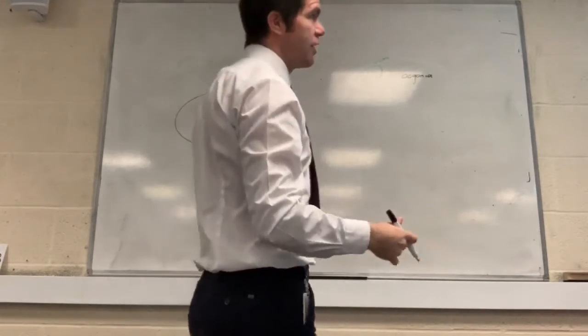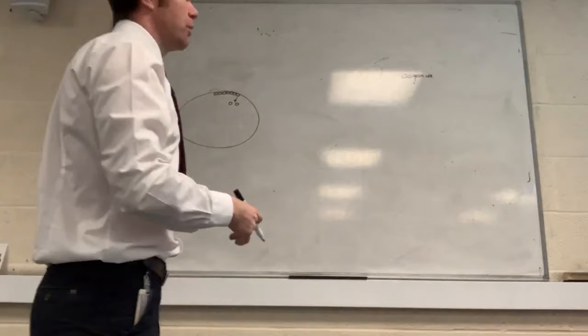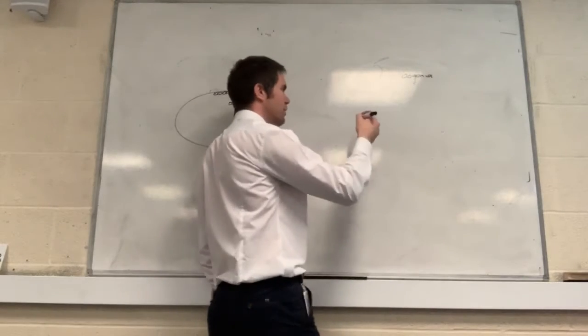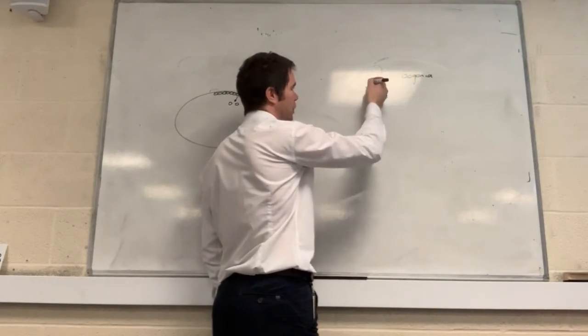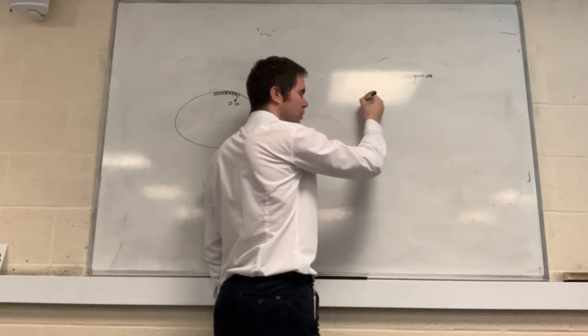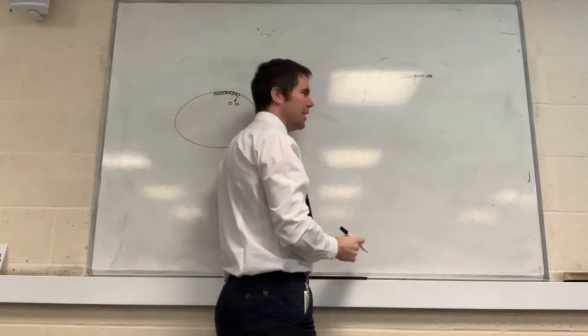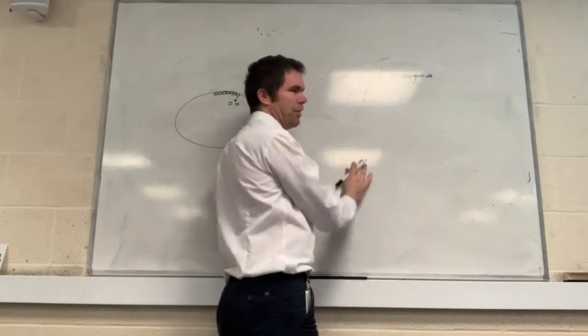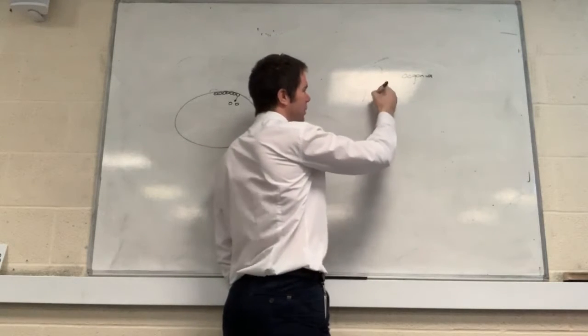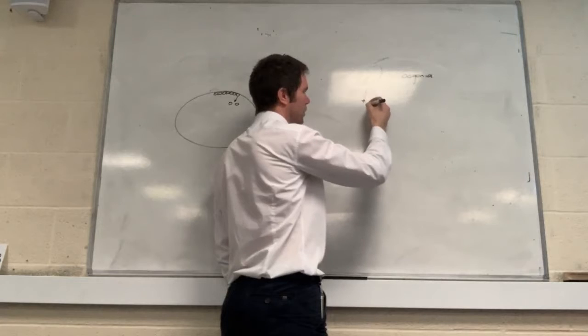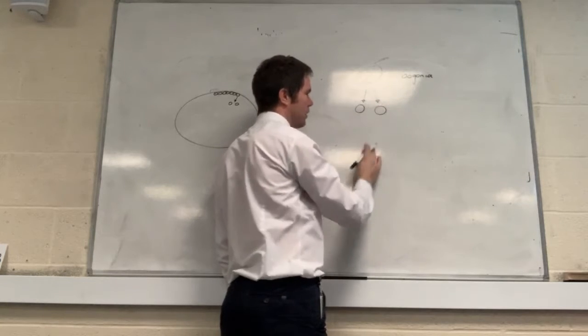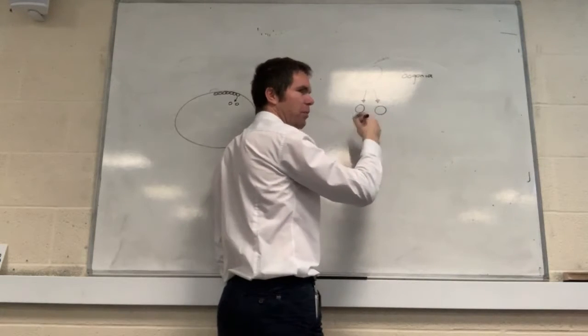The next stage then is that the oogonia divide by mitosis to form two subpopulations. Now that sounds odd, because you're saying we've got one cell and we're going to form two different cells from it. What's going to happen is we divide by mitosis to form two cells, and that will continue to happen and continue to happen.